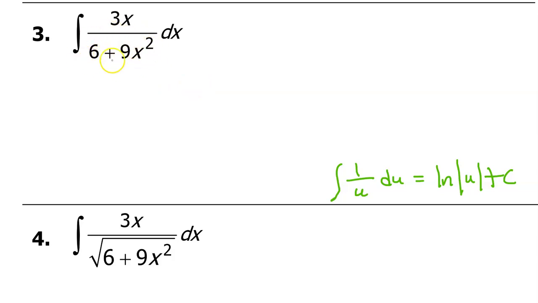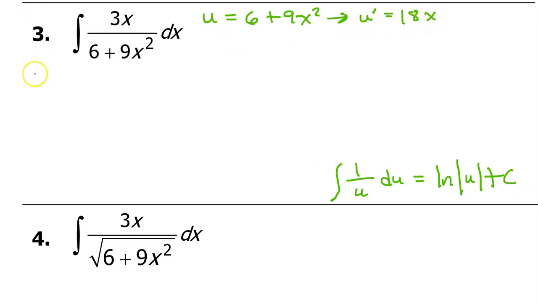Let's let u equal the entire denominator, which is very common. So I will let u equal 6 plus 9x squared. That means that u prime will equal, well, the derivative of 6 is 0, and then 2 times 9 is 18, so u prime is 18x.